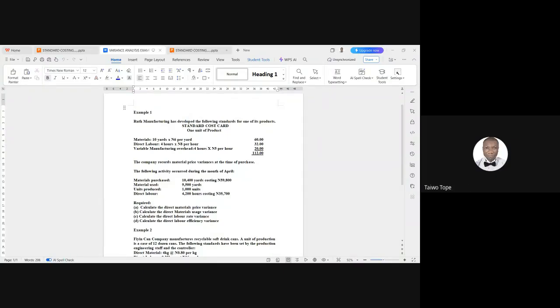That is why, while I was showing my formulas, I was showing them in that order: actual hours paid for, actual quantity purchased. Some questions might give you purchase and use differently, so you should be able to know what to do per time.